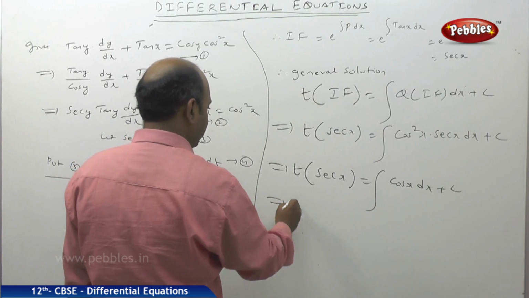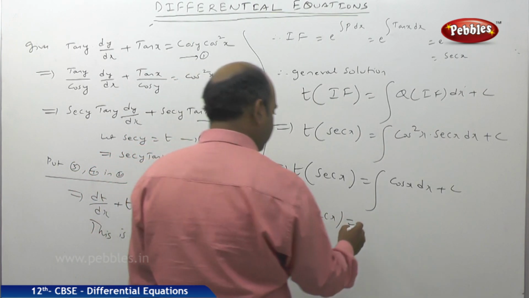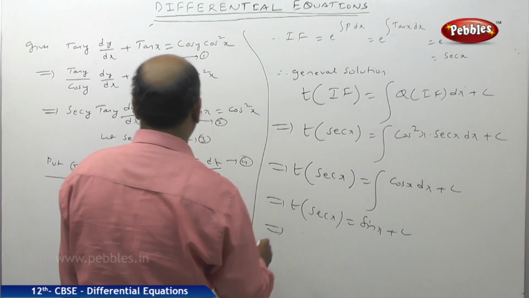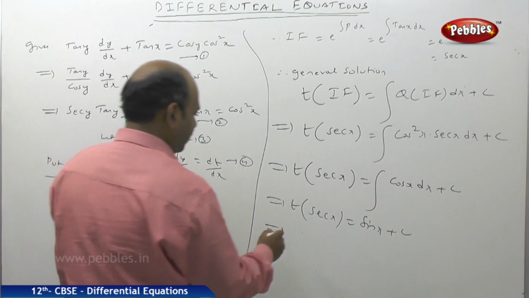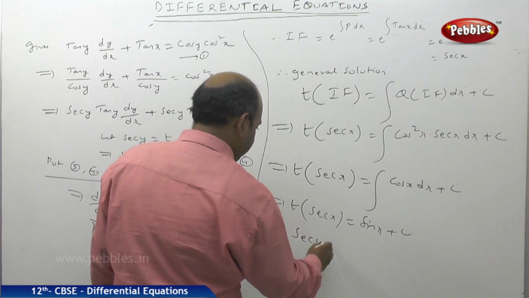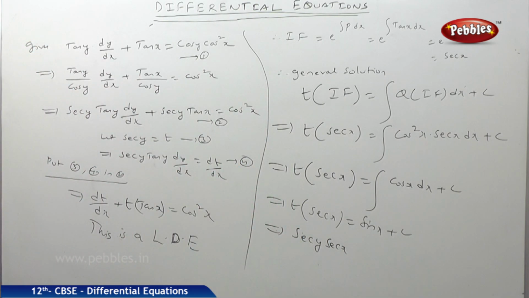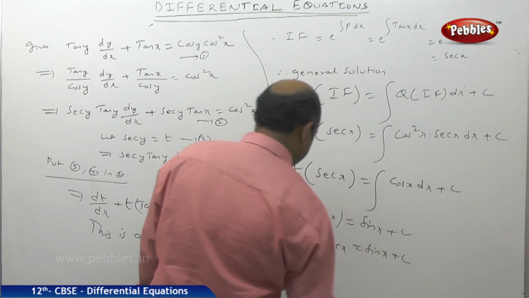So t sec x equals the integral of cos x, which is sin x, plus c. But in place of t, we had taken sec y. So sec y sec x equals sin x plus c.